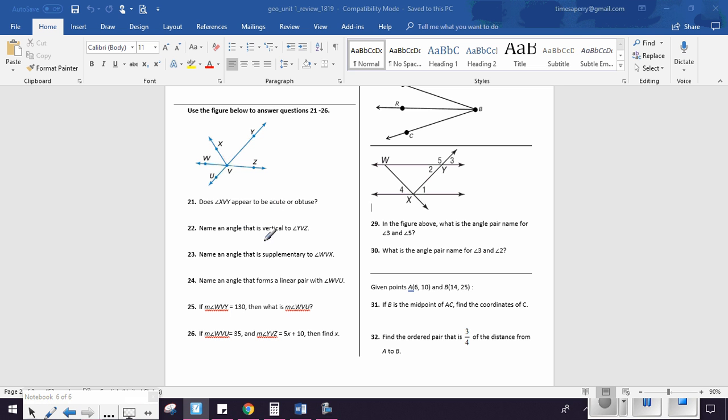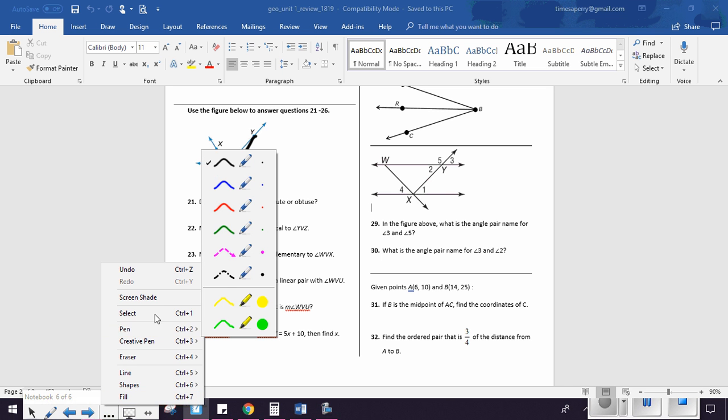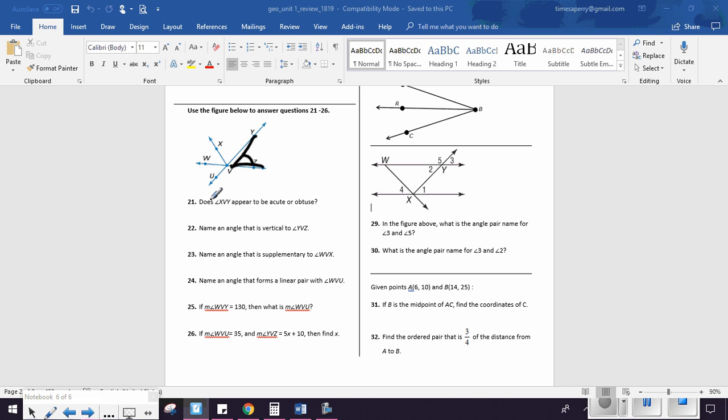Number 22 wants us to name an angle that is vertical to YVZ. YVZ is this angle here. So what angle would make a perfect X with that angle? What angle is only sharing a vertex? That's the only thing they have in common.